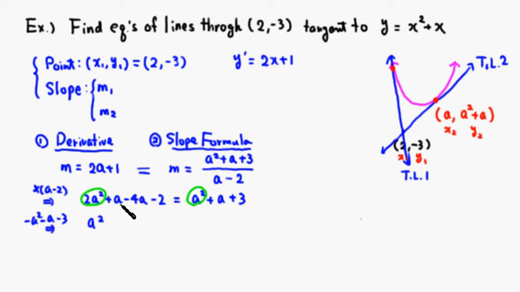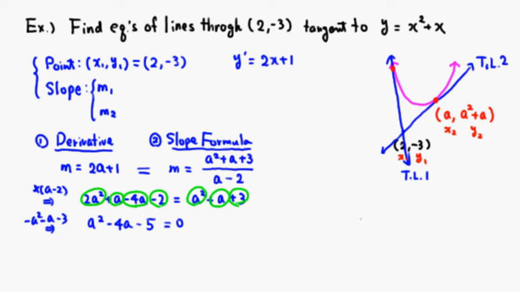Then a minus 4a minus a gives negative 4a, and negative 2 minus 3 is negative 5, equal to 0. So a squared minus 4a minus 5 equals 0.